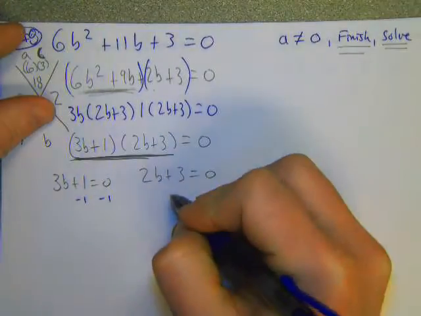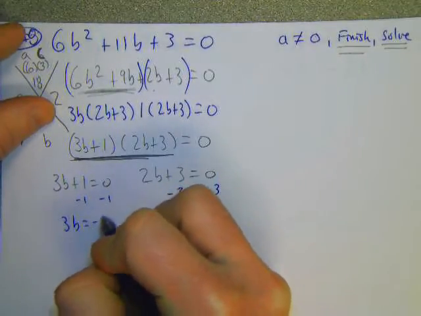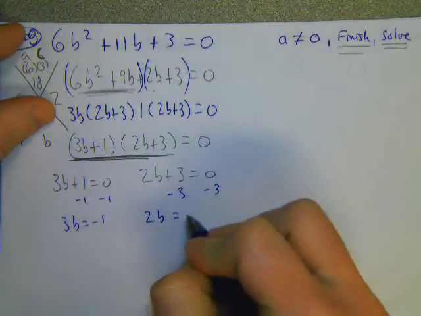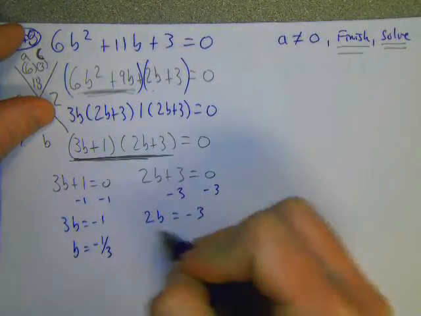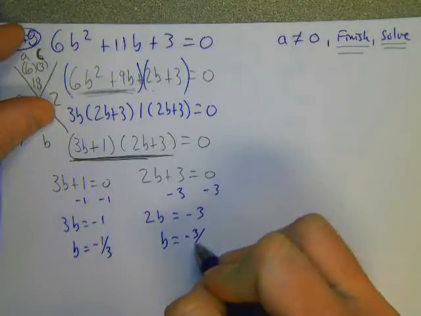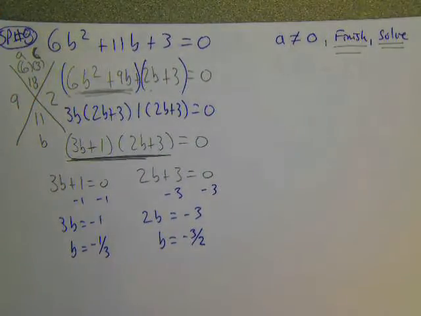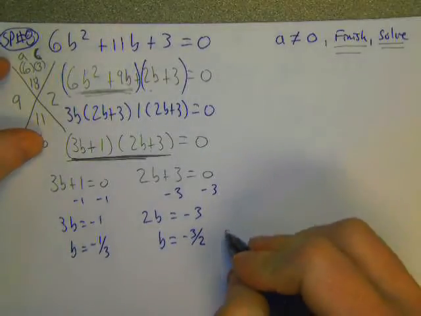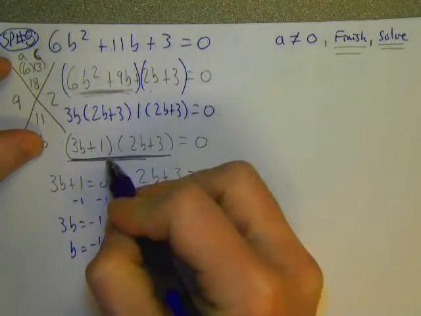Subtract 1 here, subtract 3 here, 3b is negative 1, 2b is negative 3, and b is negative 1/3, b is negative 3/2. Now that is solved.